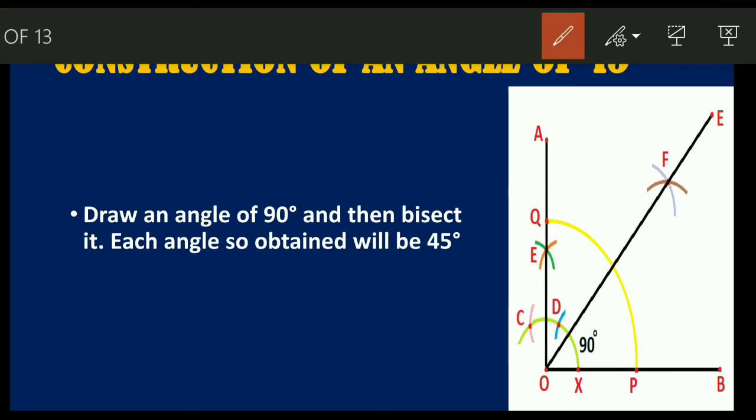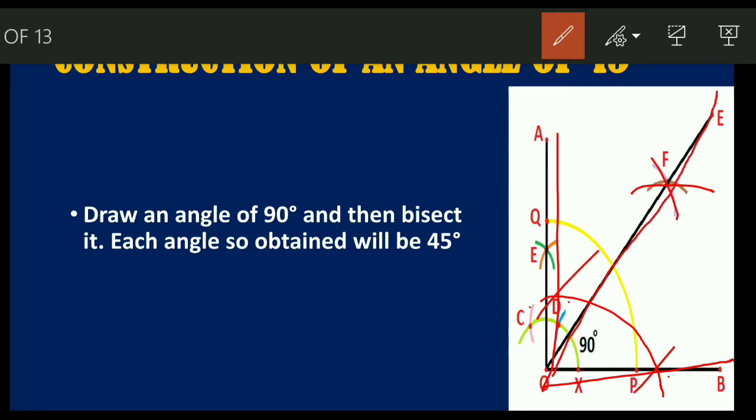So first we'll draw this 90 degree, and then we'll draw one arc, and from this point we will take the compass and cut here, and from this point we will cut this side. So where they join, we'll extend the line and join the point E, and when we extend this line, it becomes the bisector.